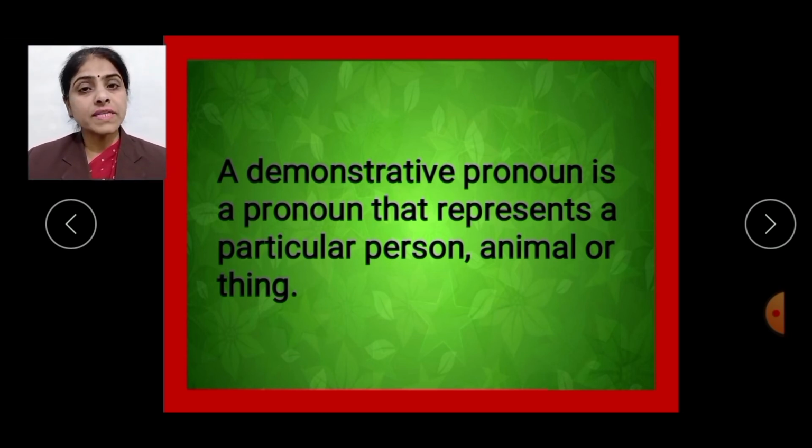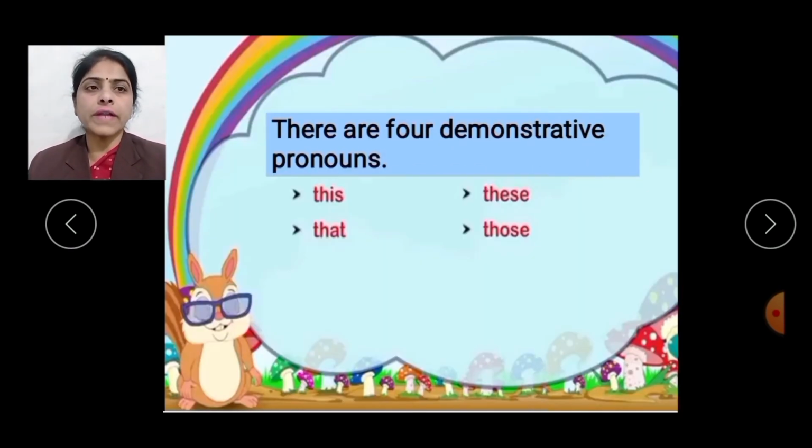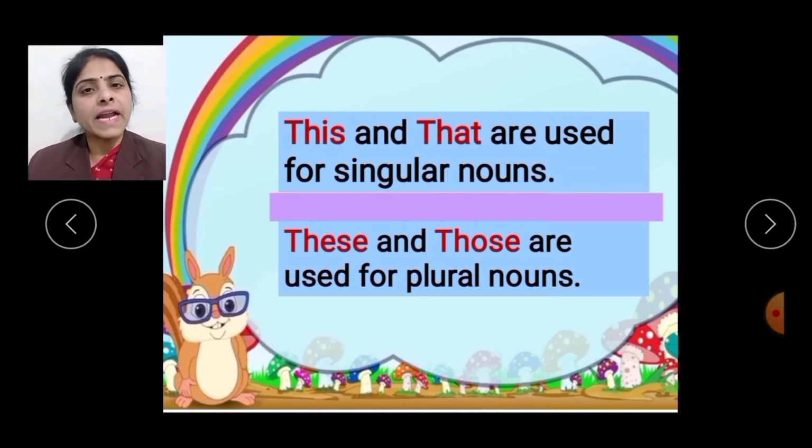These pronouns are used to point out to the specific noun or nouns that may be near or far in distance. There are 4 demonstrative pronouns: this, that, these and those. Now, let's have some points to be remembered.